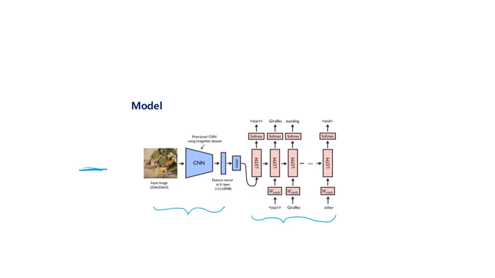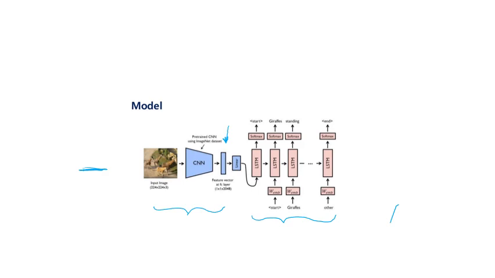Again, the concept of common representation is that there exists a common representation, a context, which can be represented as an image, or it can be represented as a sentence.